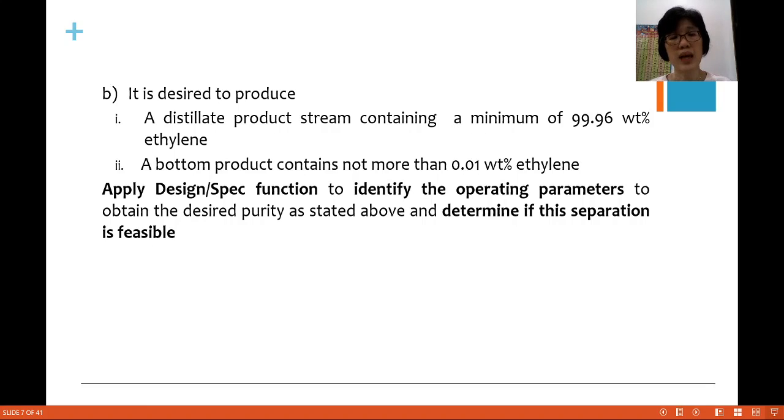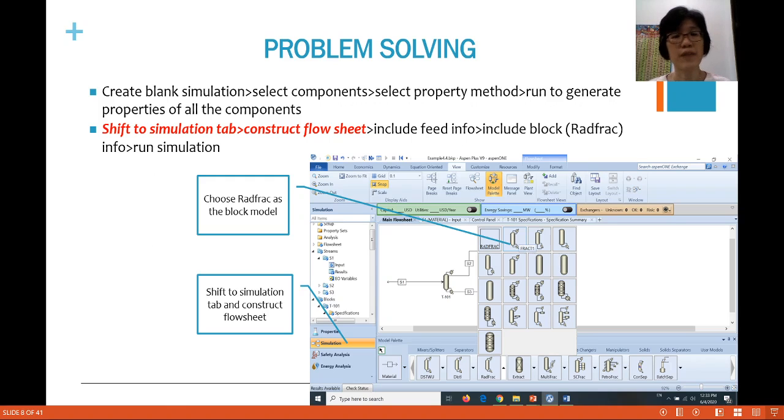So this is our target, and with this you are asked to identify the operating parameters in order to obtain the product with the desired purity. So in this case you have to use the design spec function that I mentioned before to identify the operating parameters of the column. So let's solve the problem.